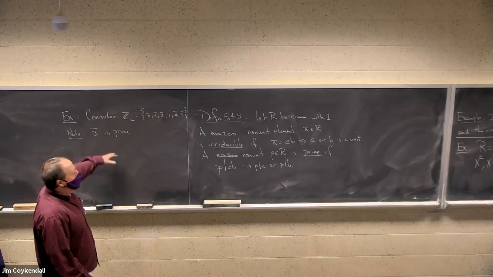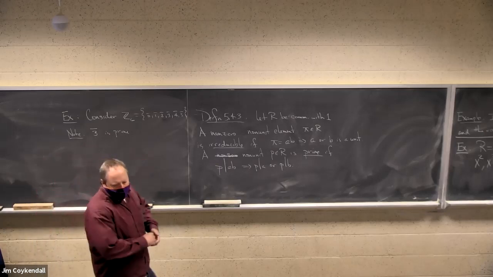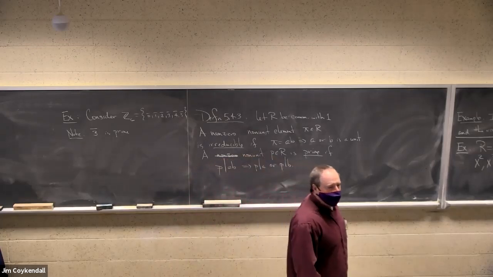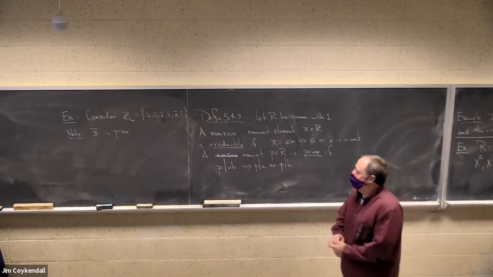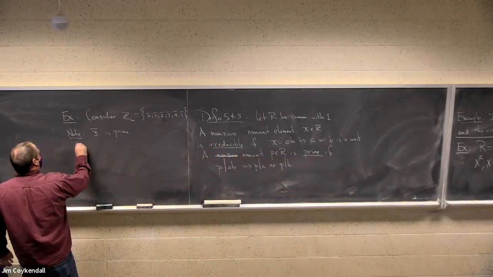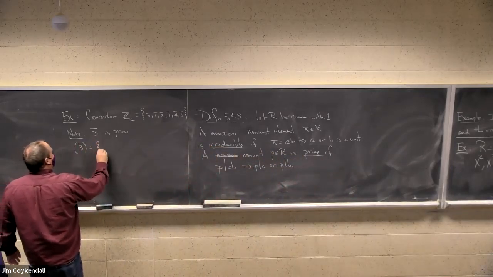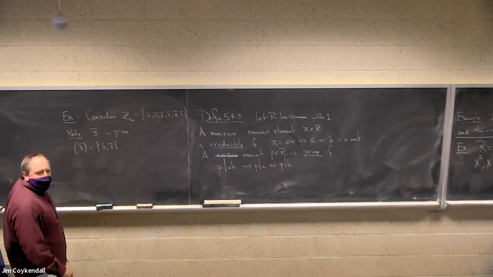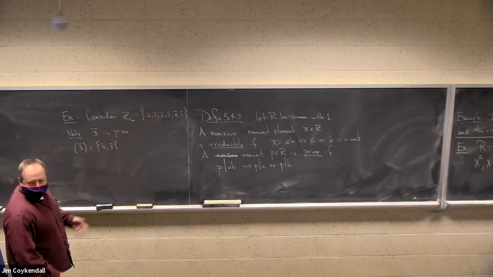You can go through and check this definition, but one of the things that we will see in the next theorem is an easy way to check that 3 bar is prime. This will follow from the next result. If you look at the ideal generated by 3, you get 0 and 3 bar.